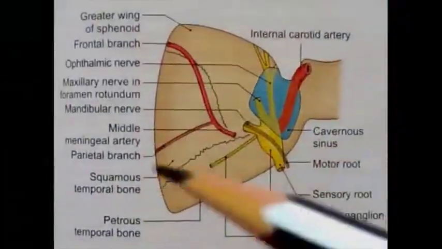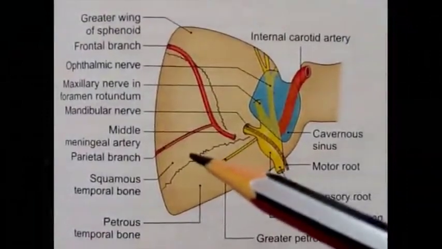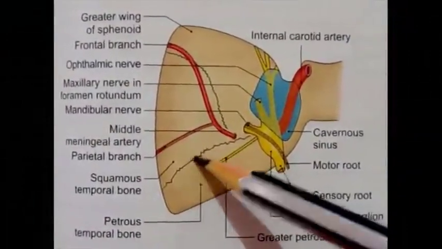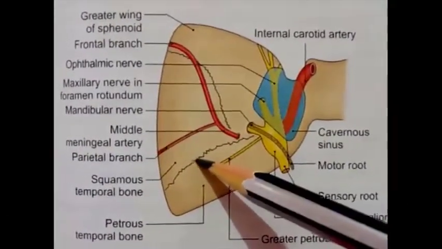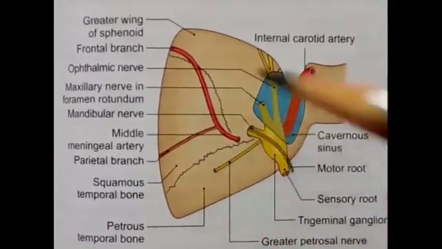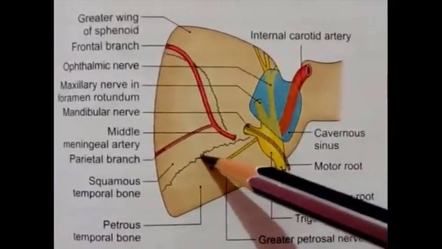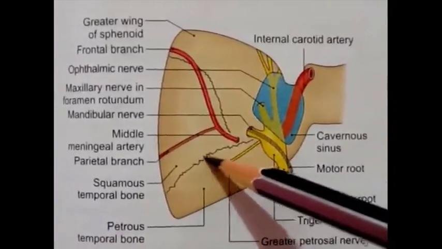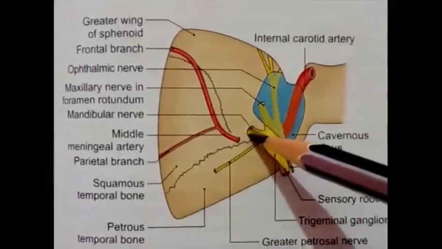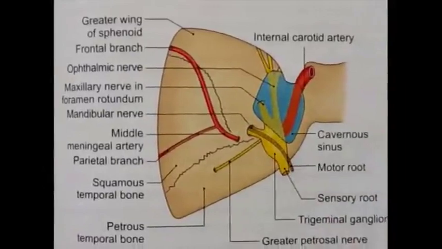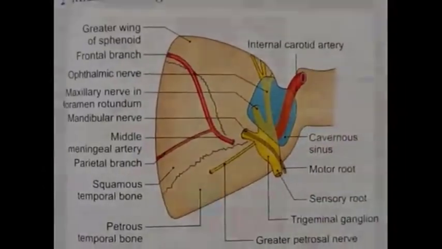The hiatus for the lesser petrosal nerve is present slightly lateral to the hiatus for the greater petrosal nerve in this area, and it leads into the foramen ovale. So the lesser petrosal nerve passes through a groove extending from this hiatus to the foramen ovale and passes out of the skull through the foramen ovale and joins the otic ganglion.